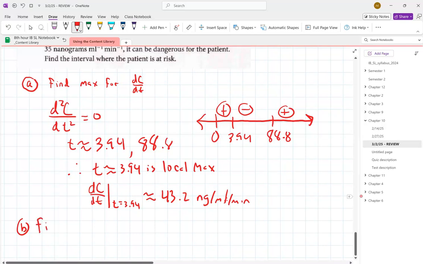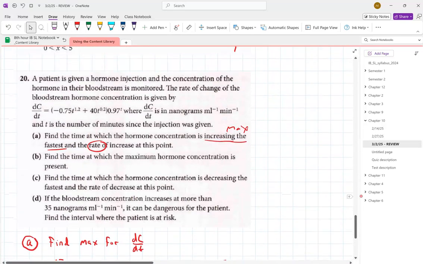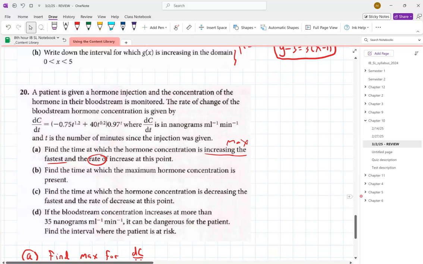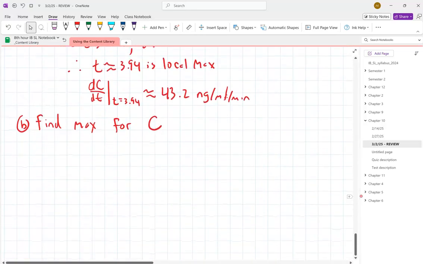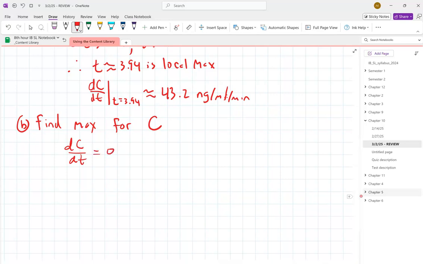It's asking us to find the maximum for C. Not dC/dt, not the derivative, not the rate of the hormone concentration, the actual hormone concentration. So to do that, we're going to take dC/dt, set it equal to 0, and solve that.